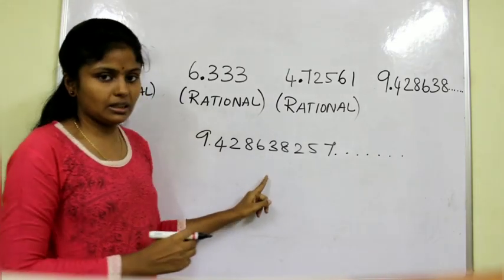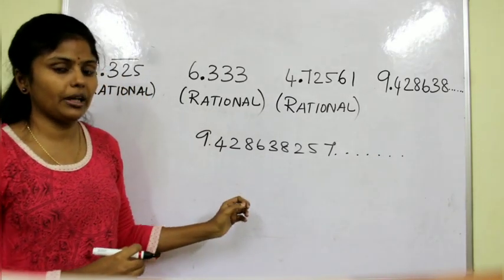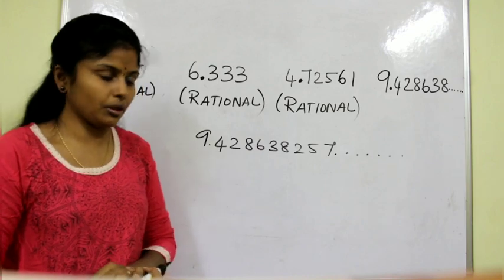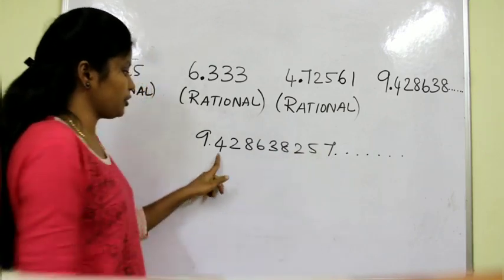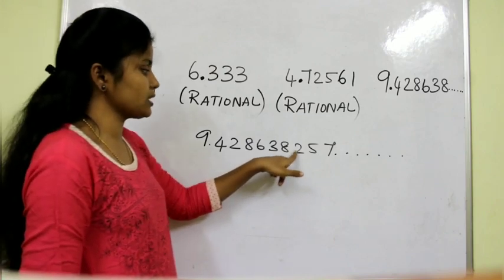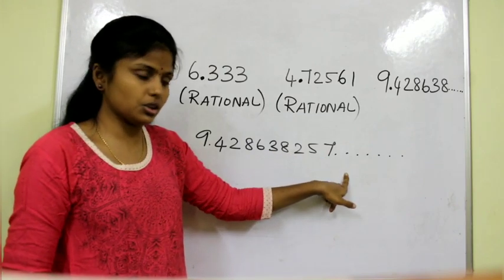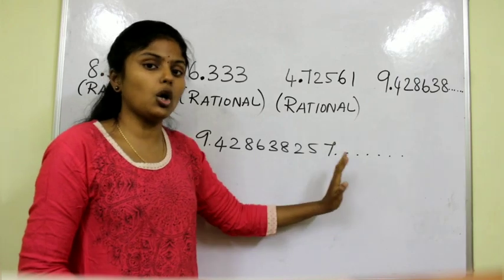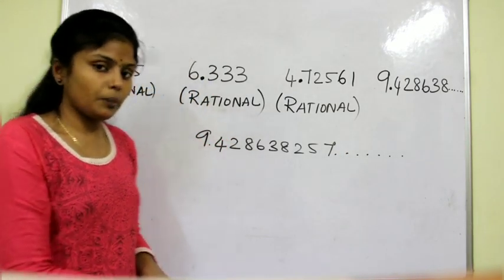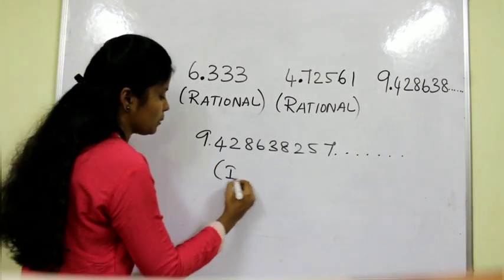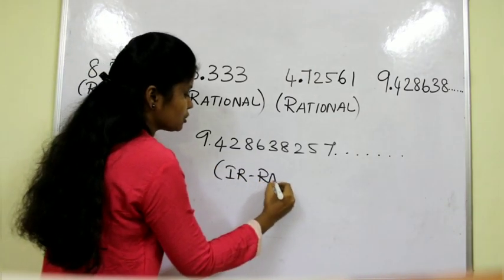In this particular example, you will not be able to find the nth digit after the decimal point, because until 7 you know that this is the digit. First digit, second, third, fourth, fifth, sixth, 7, 8 and 9 digits. But after the 9th digit, you will not be able to trace the digit after the decimal point. So because of that reason, this number belongs to the irrational category.